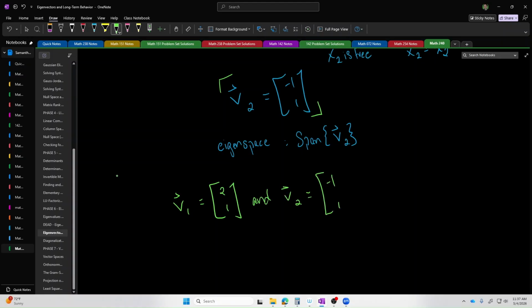But visually, we can see that these two vectors are independent. There's no redundancy between them. Neither one of them is a constant multiple of the other. So having two independent vectors is enough to span two-dimensional space.